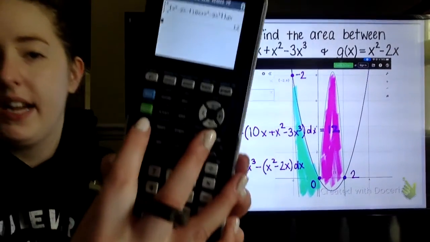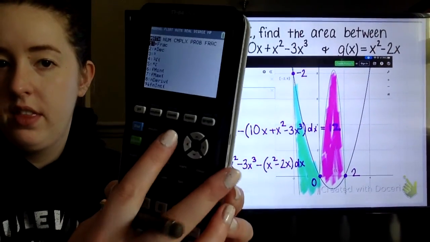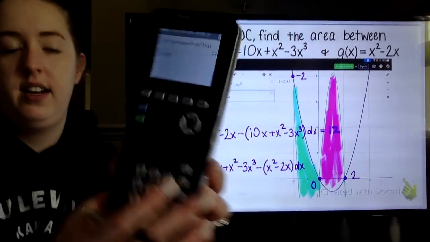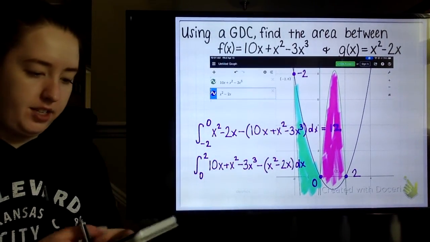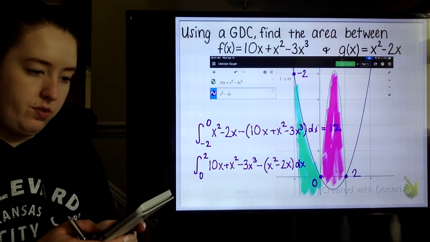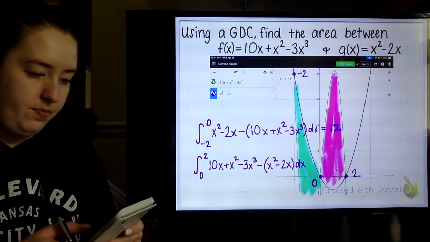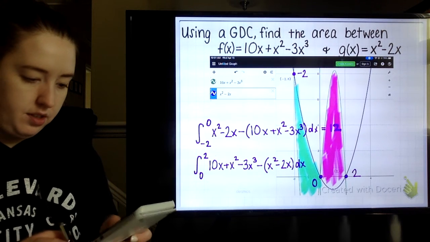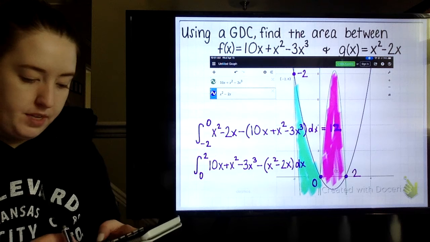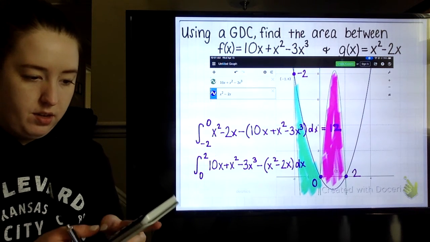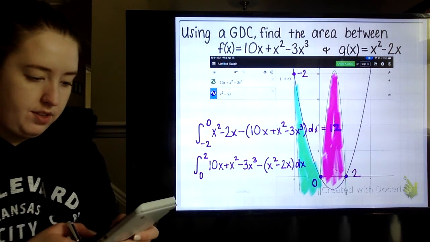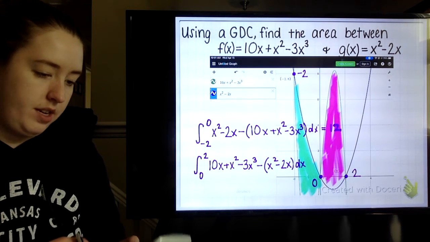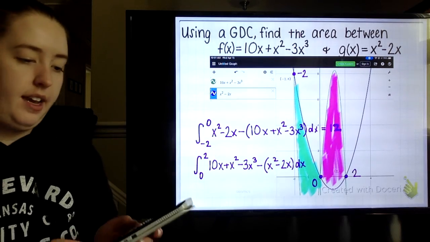Now we are going to take the other integral. Once again, we'll go back into Math, click 9 to get the integral, and then input all your information. 0 to 2 of 10x plus x squared minus 3x cubed minus parentheses x squared minus 2x, dx.